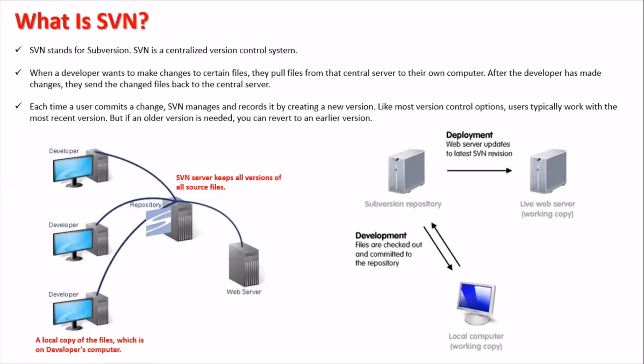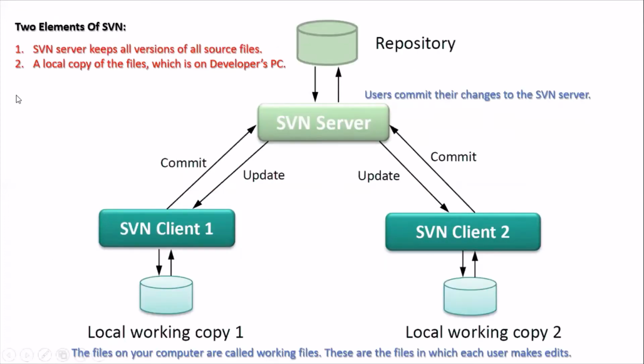Let's go a little deeper to understand the concepts. SVN has two elements. One is the SVN server, which keeps all versions of the source files. This is the repository in which it saves, and the working copy or local copy is on the client.